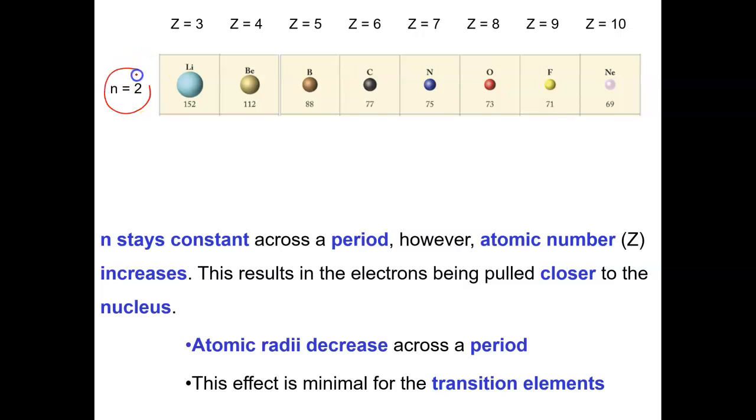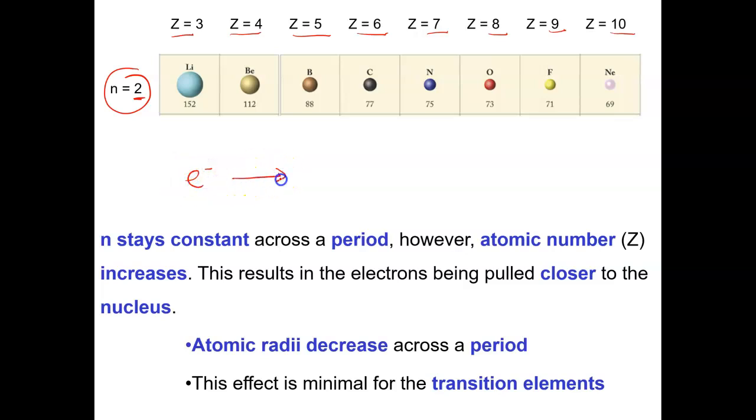As we move across a period, we're adding electrons to the same shell. So they're going in at approximately the same distance from the nucleus. However, as we move left to right across a period, the number of protons present in the nucleus of the atom increases. So we're putting electrons in at about the same distance from the nucleus, but we're increasing the charge on the nucleus.